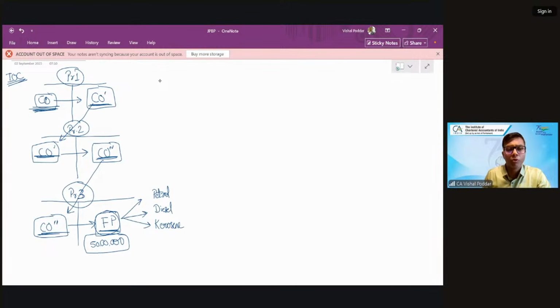And you also get a waste product, which is grease. So grease is the waste arising from the oil refineries. But we all know grease also has a good market, so it can also be sold.